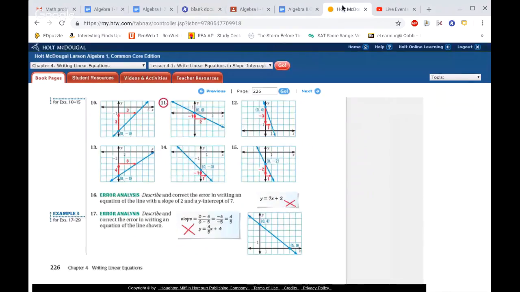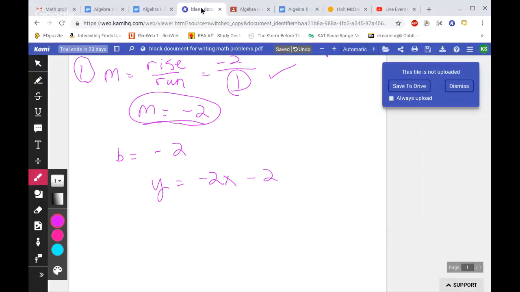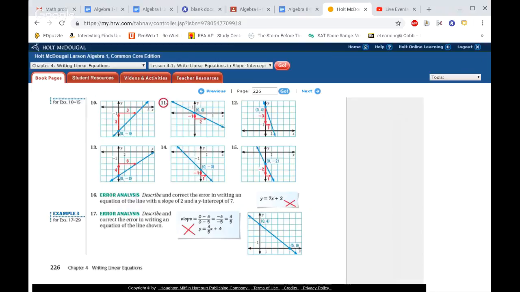All right, let's take a look at number 17 for our error analysis. I'm still a little confused where you've got -2. For which, for the y-intercept or for the slope? For the y-intercept. Okay, look at the graph. Do you have your book in front of you, honey? Yes, ma'am. Look at the graph, and where does the line go through the y-axis?